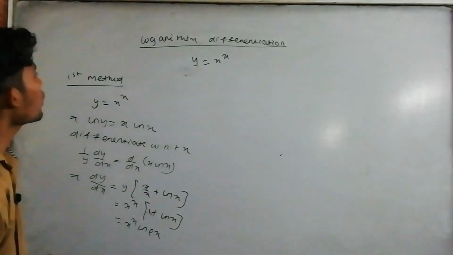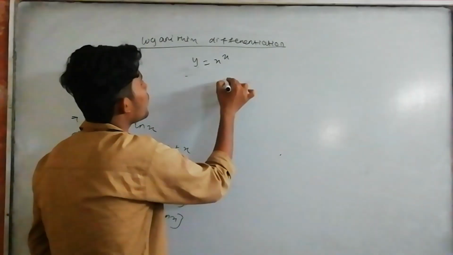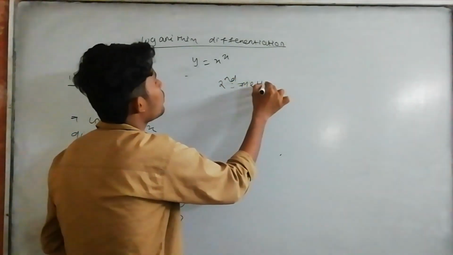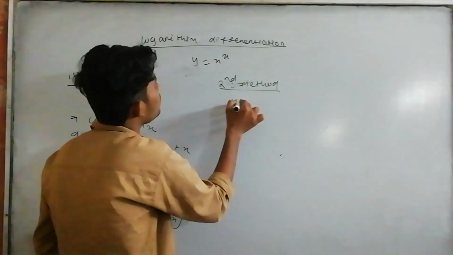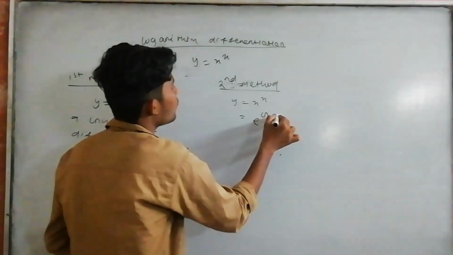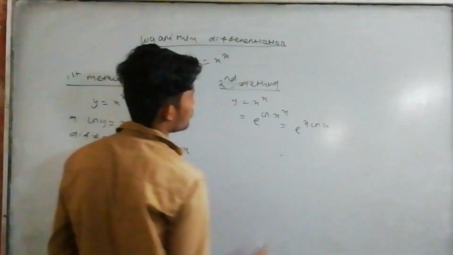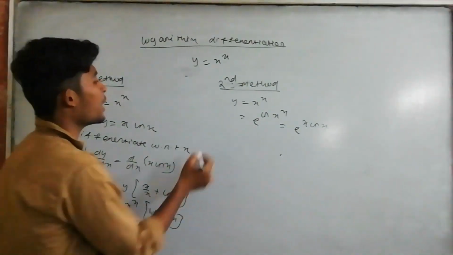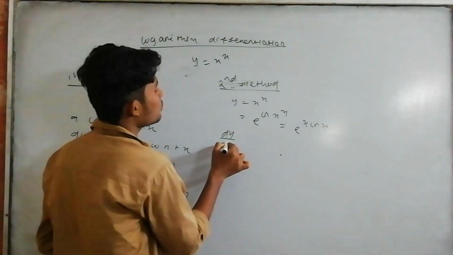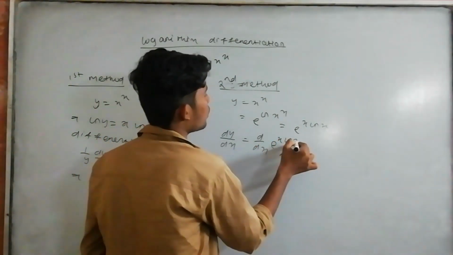Now you can use the second method also. Here y is x to the power x, so this can be written as e to the power ln of x to the power x, and this is e to the power x ln x. Simply find dy by dx, that is d by dx of e to the power x ln x.